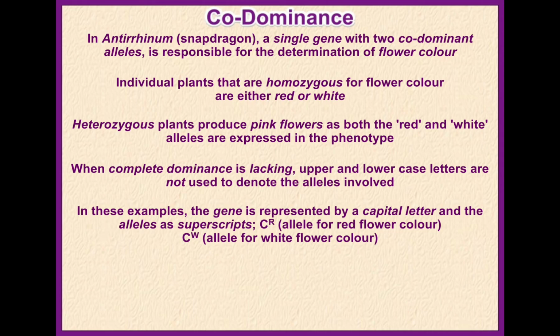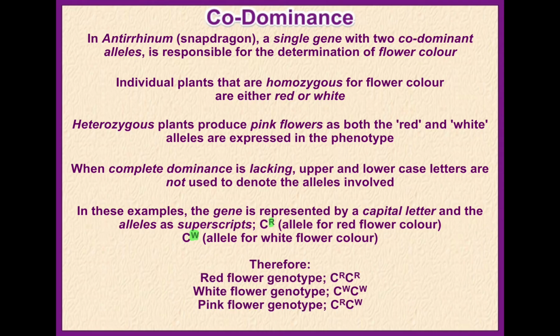You notice here we've got a capital letter C, with an R and a W as superscripts, R standing for red and W standing for white. Therefore, the red flower will have 2 R's, the white flower 2 W's, and the pink flower 1 of each. So here we have a total of 3 phenotypes.